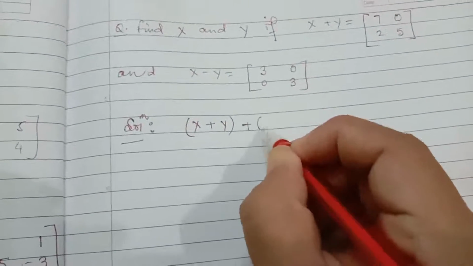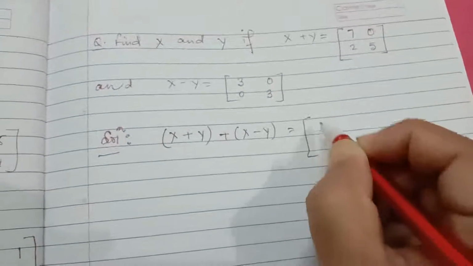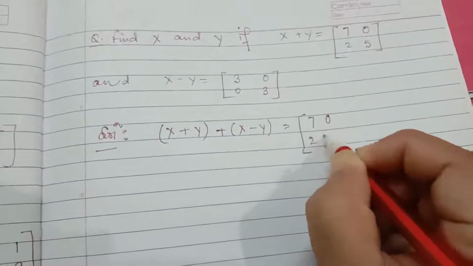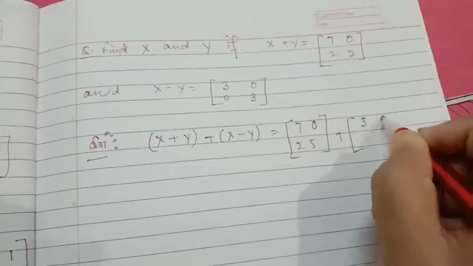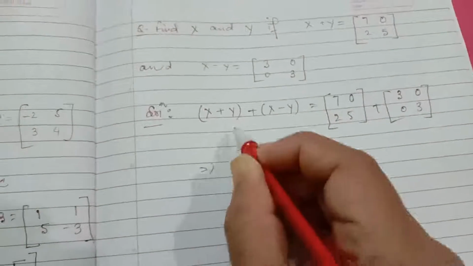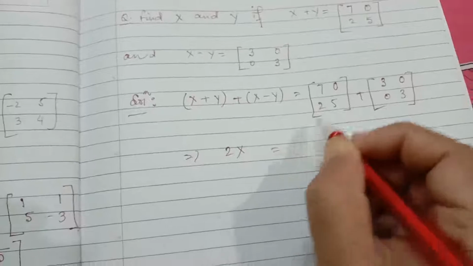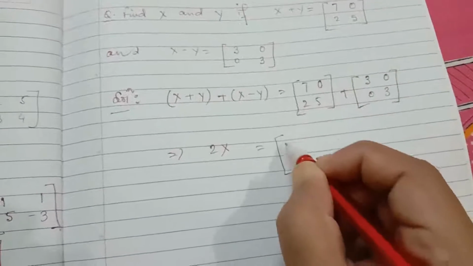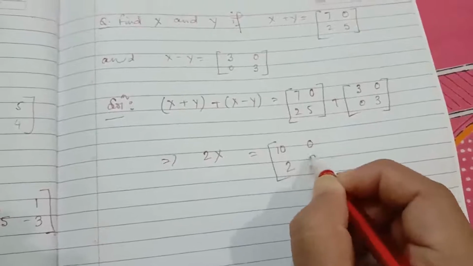If we add these two, X plus Y and X minus Y, the right hand side will be the first matrix 7 0 2 5 plus 3 0 0 3. If we add, it will be 2X equal to 10, 0, 2, 8.